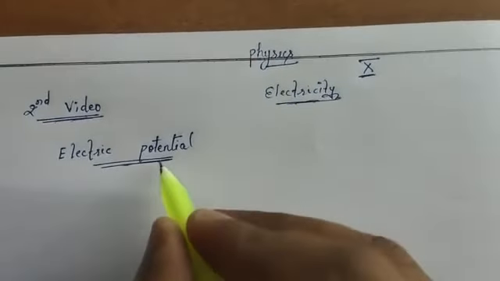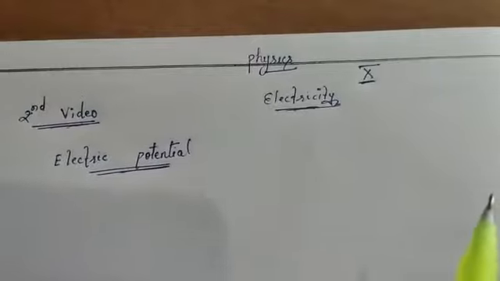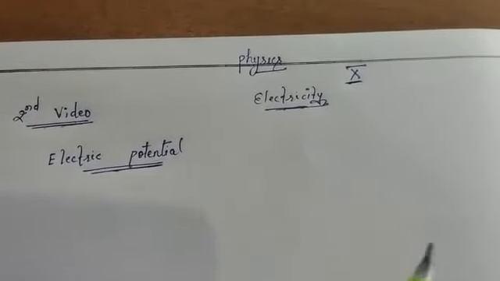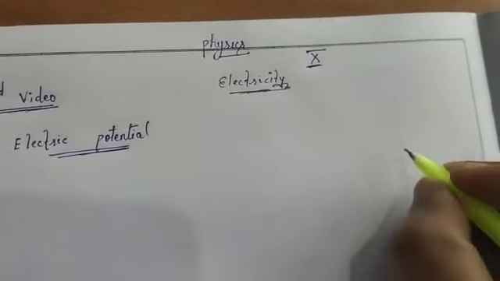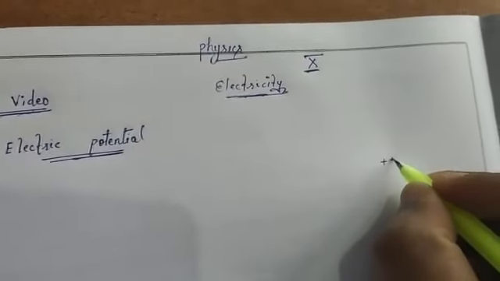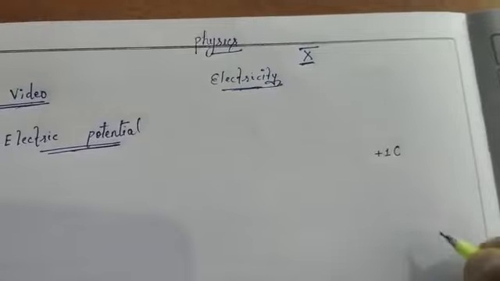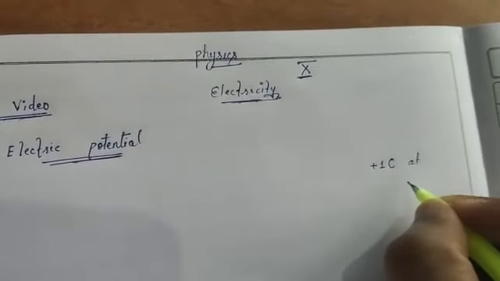So to understand this concept, that is, what is the basic meaning of electric potential, we have to assume plus 1 coulomb charge at infinity.